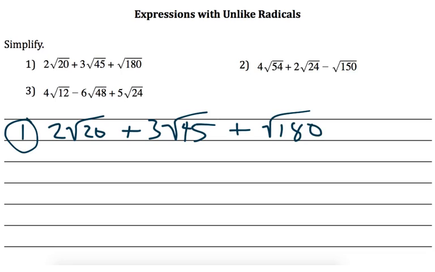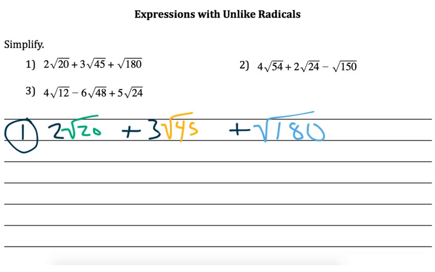Now I'm going to try to color code this a little bit. So I will trace the square root of 20 to make that stand out, the square root of 45 to make that stand out, and the square root of 180 to make that stand out, so that you can tell apart this 2 from the next thing I write.